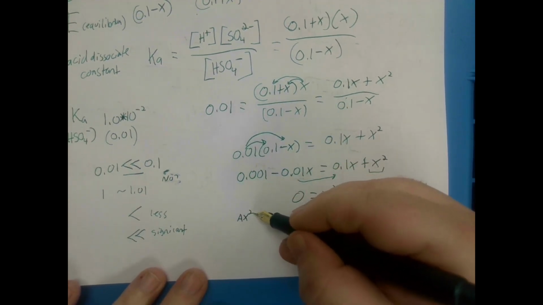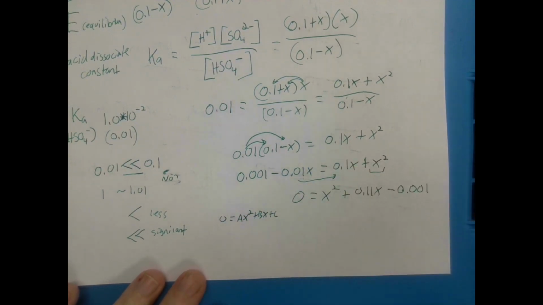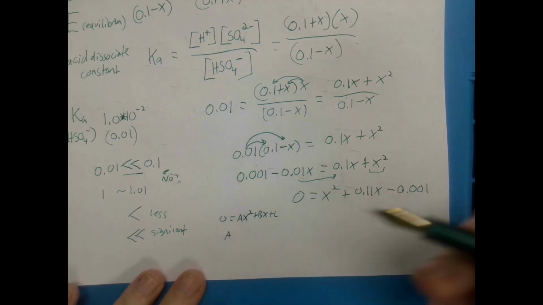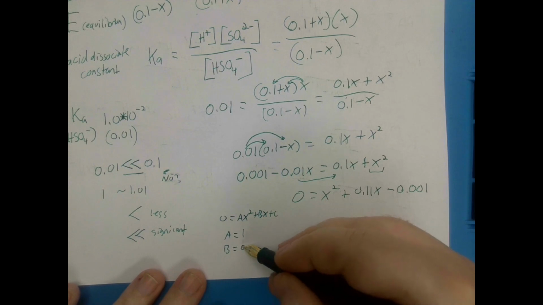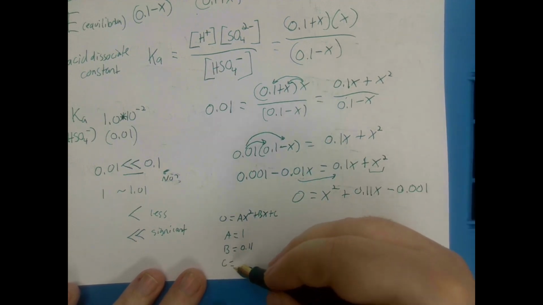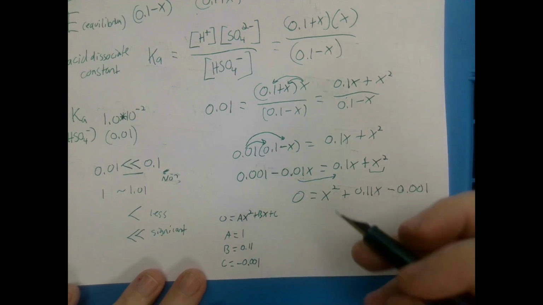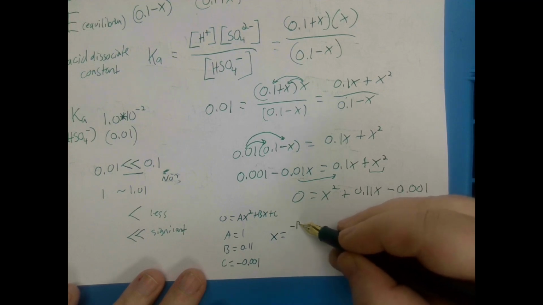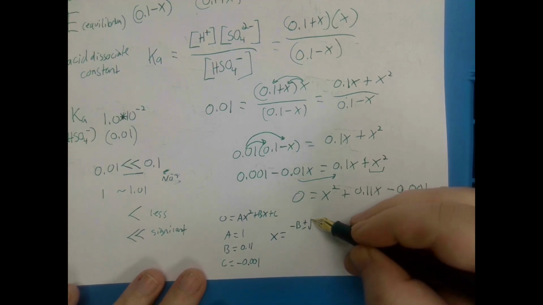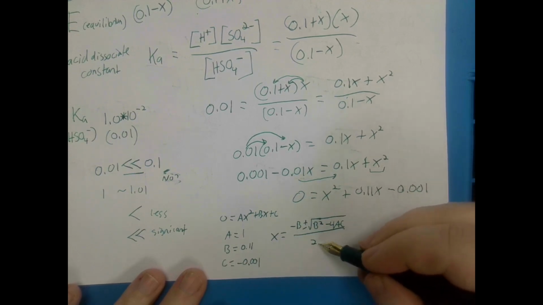So I have ax squared plus bx plus c is equal to 0. My a would be equal to 1, my b would be equal to 0.11, and my c would be equal to negative 0.001. And the equation for it is x is equal to minus b plus or minus the square root of b squared minus 4ac, divided by 2a.